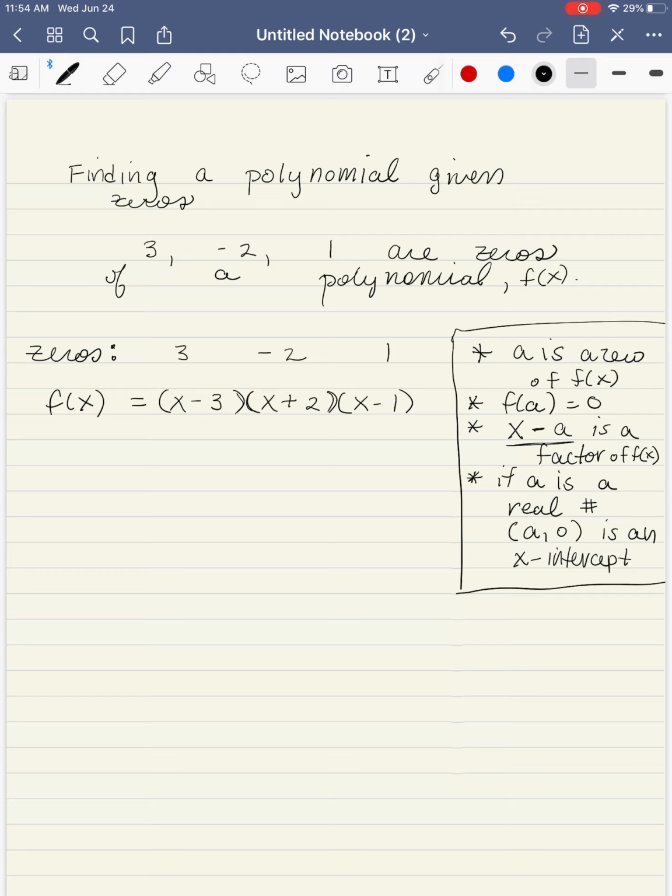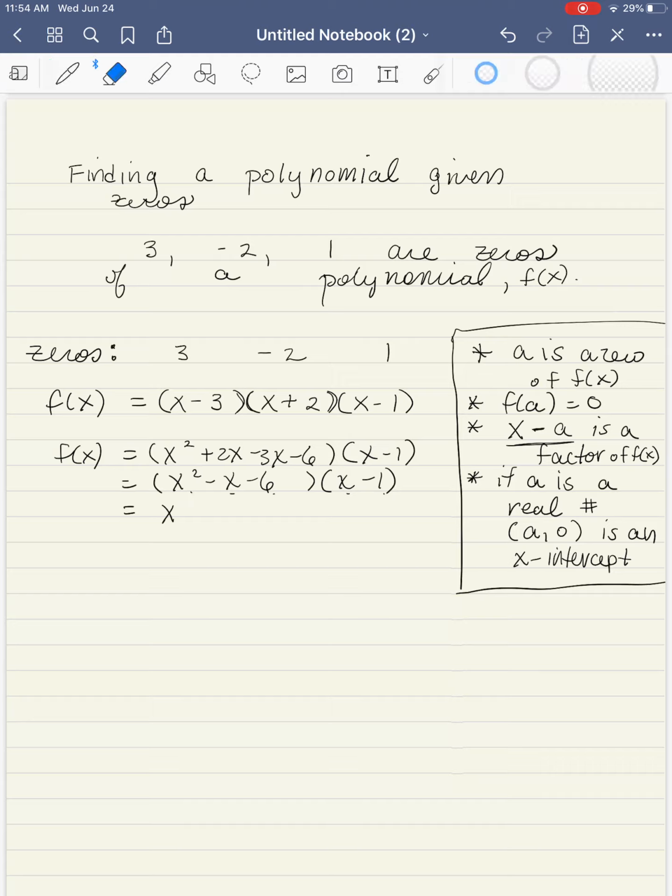But if I need to know what the polynomial is as x cubed and x squared and so on, I can actually multiply. That's what these pairs of parentheses mean. They mean multiply. So I can choose any two factors, and I'm going to go ahead and choose the first two and FOIL that out. The x minus 1 just drops down. Then I can combine like terms. And then I can distribute every term here times every term here.